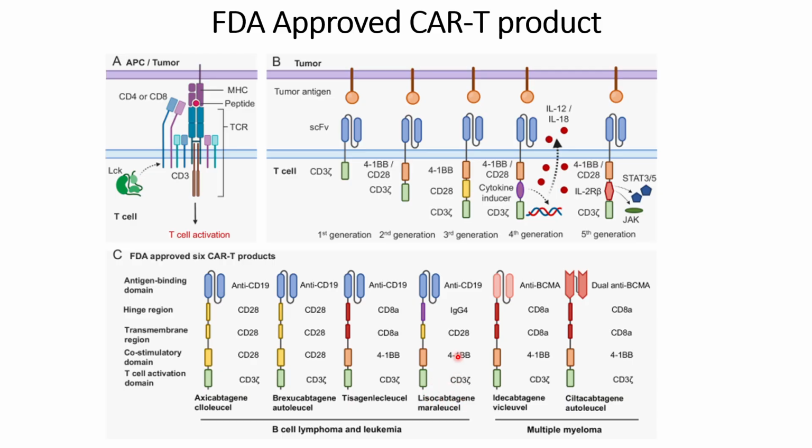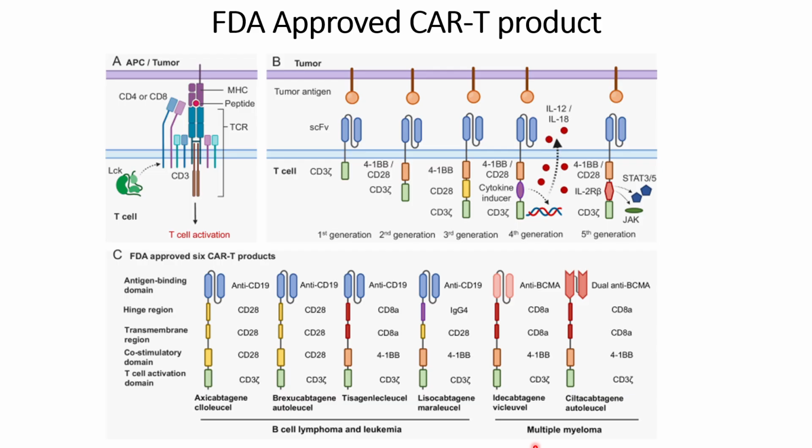All of them have been approved by FDA, and some of them are even considered for first line use, but based on their results, some of them are being used for second line treatment.